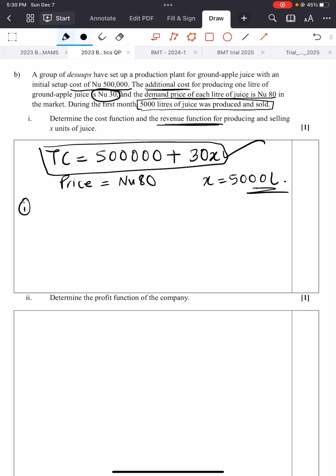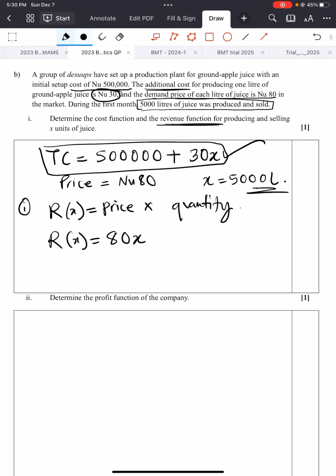The revenue function is price times quantity, which is 80 per liter times quantity x, which we do not know, so I'm keeping it as x. So this is your revenue function.